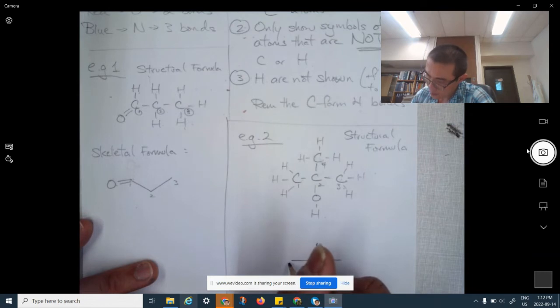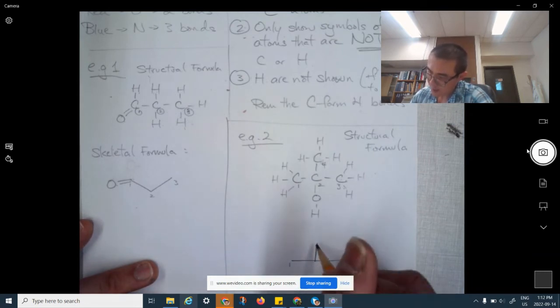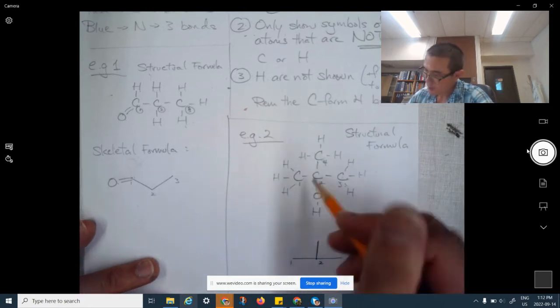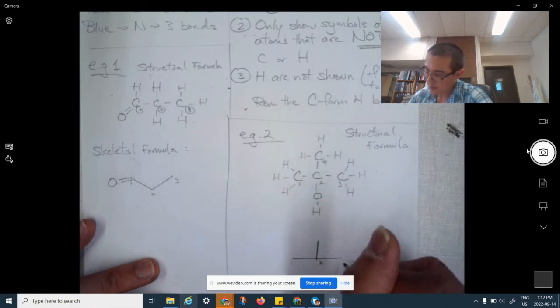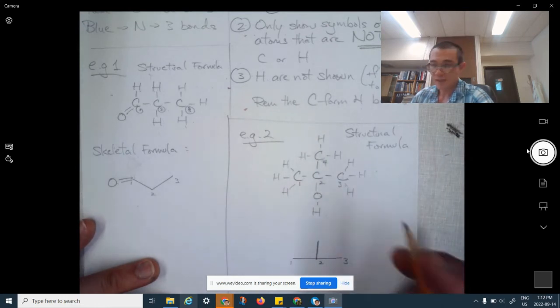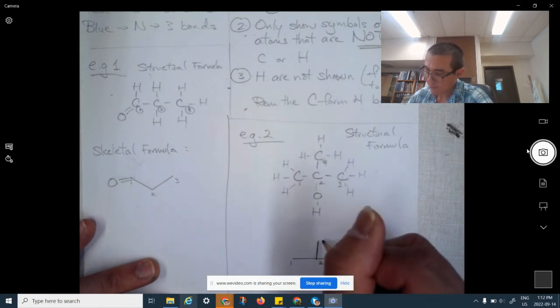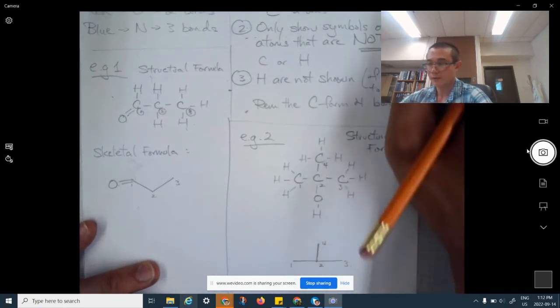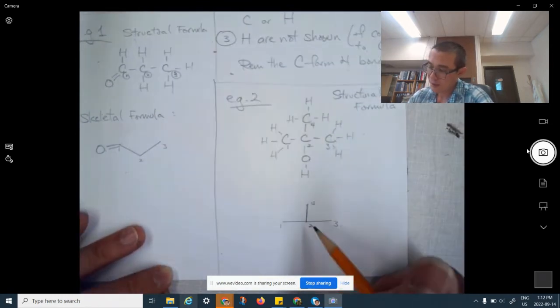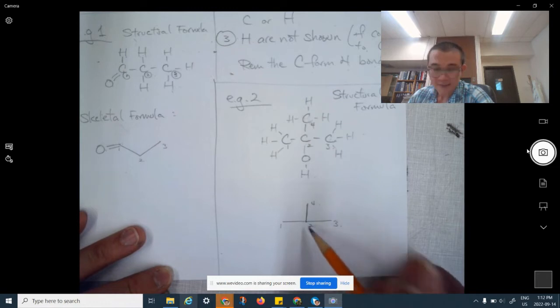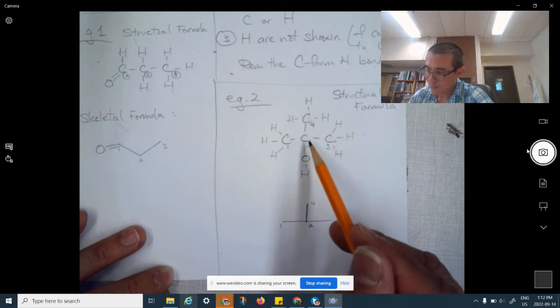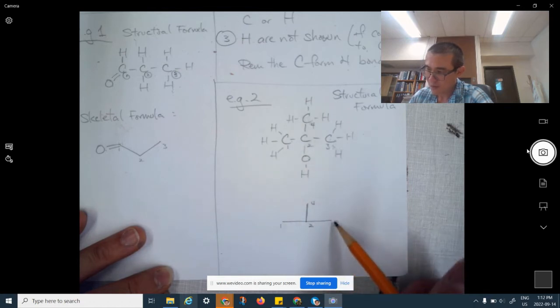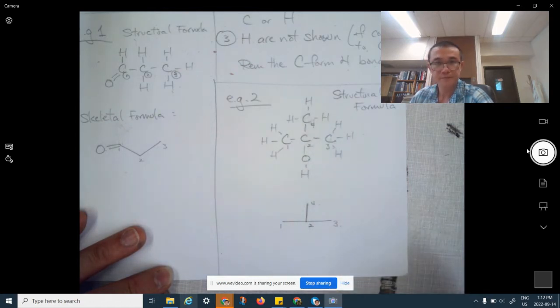Carbon number 1 is this end, this middle part is also a corner, carbon number 2, this is carbon number 3, and this end here will be carbon number 4. Okay, so the ends, turns, as well as these intersections, these are carbon. So carbon 1, carbon 2, carbon 3, carbon 4.